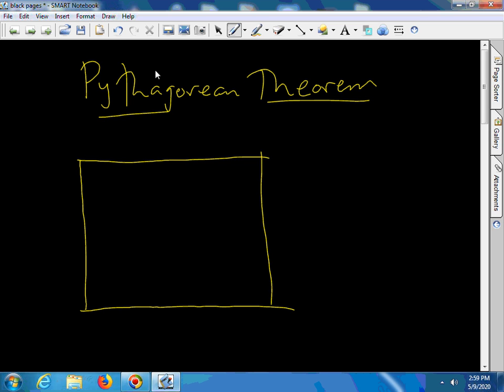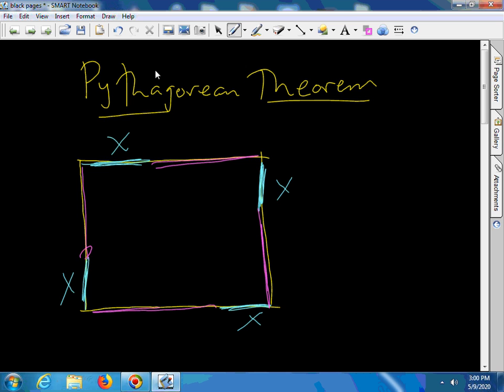Okay, so we have x, and x, and x, and the rest of it is y. And I connect my dots, and I get what looks like a perfect square.